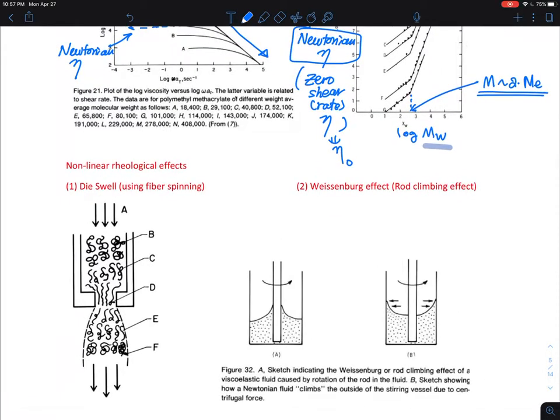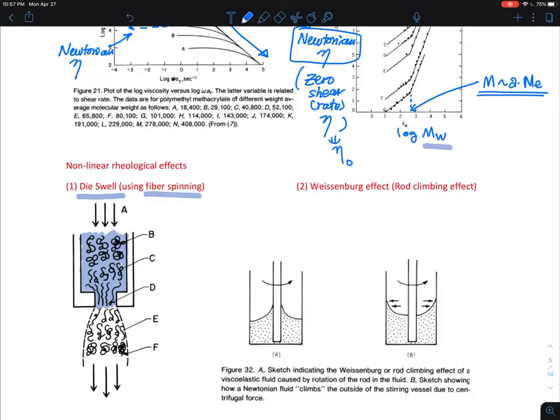The first nonlinear rheological effect is called the die swell, and this is very common in fiber spinning. So this is a polymer melt, right? You have this polymer melt, you're pushing it through the nozzle. When they're pushing through the nozzle, you see these chains are more stretched.